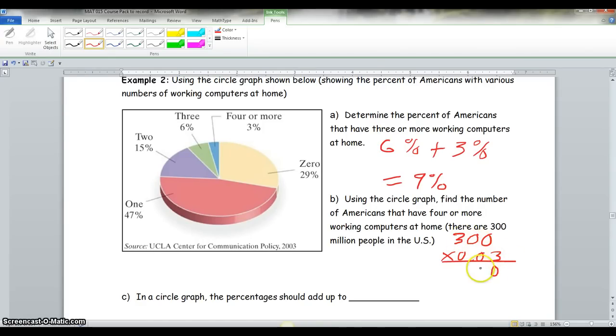This would be 0.009. We had 2 digits behind the decimal, so that's 9. 9.00 we know is 9. And we're dealing with millions, so it's 9 million. Now that is your final answer for B. Now we go to C. It says in a circle graph, the percentages should add up to 100. Now remember, this 9 million here goes with B.